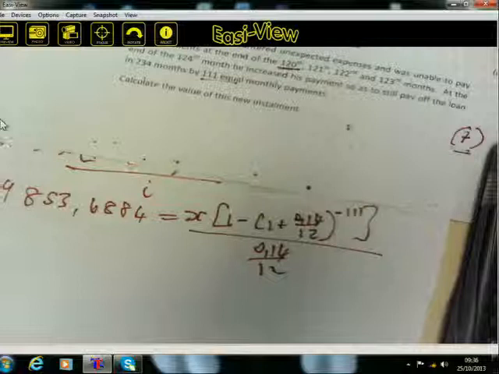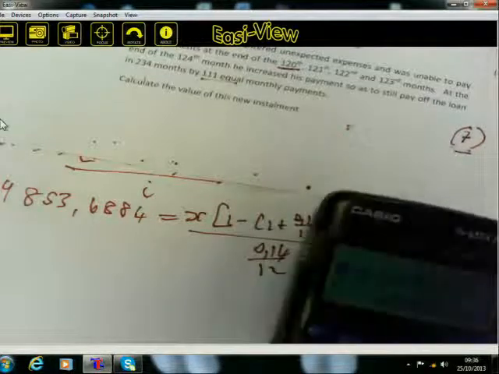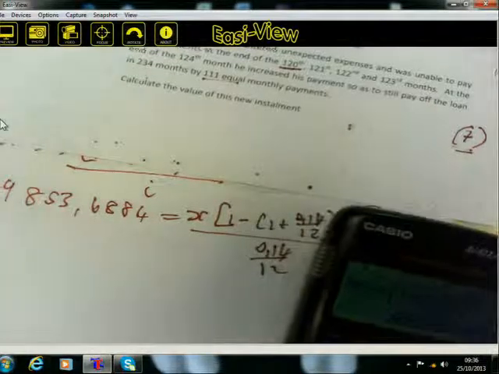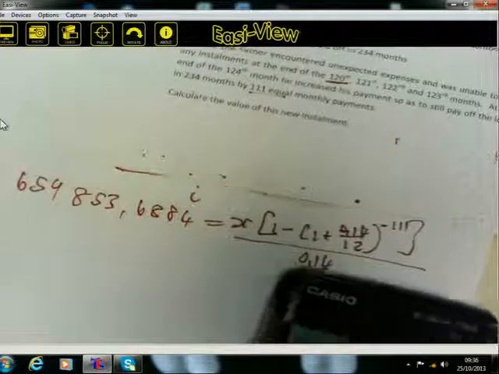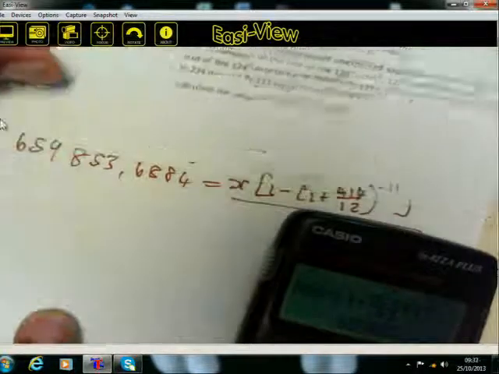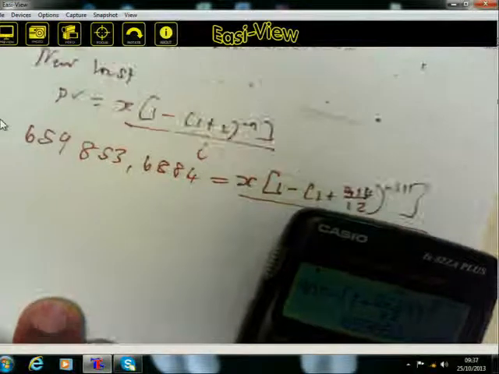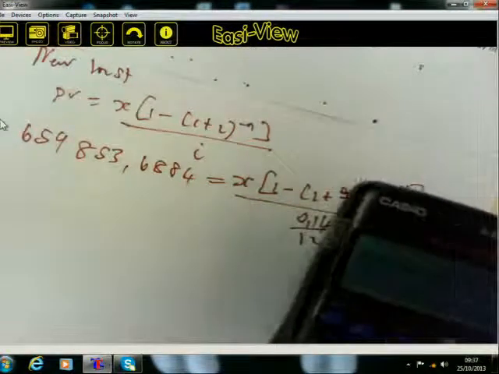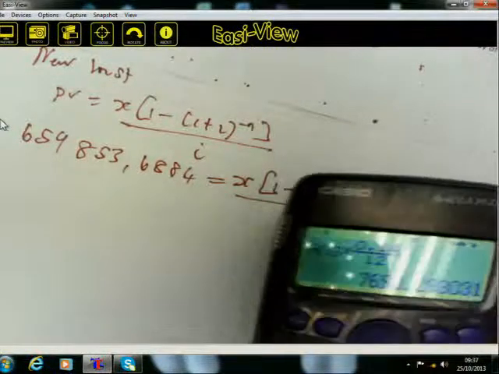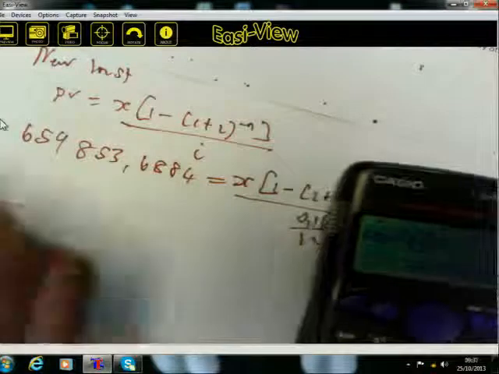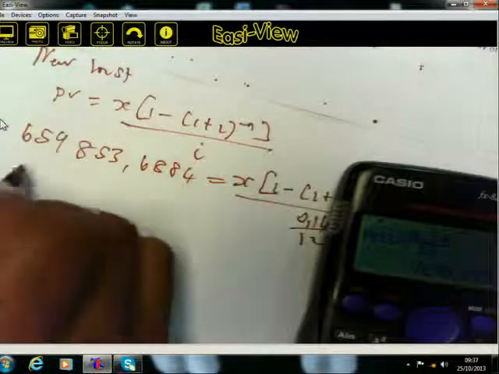Now, what is the next step here? The next step is a cross multiplication. You take your answer and multiply it by 0.14 divided by 12. Maybe I must write down the formula.